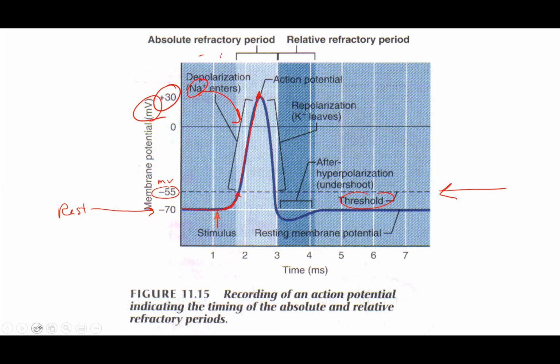So let's go back to this, where you have a cell at rest and a cell in motion. A cell at rest has a high concentration of potassium on the inside and a high concentration of sodium on the outside. Once all this action potential stuff starts to take place, now the cell is being set in motion.